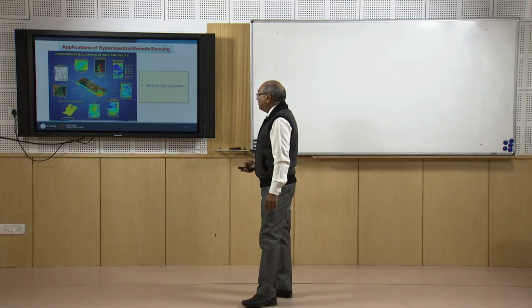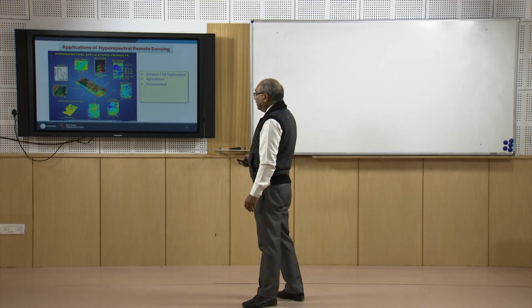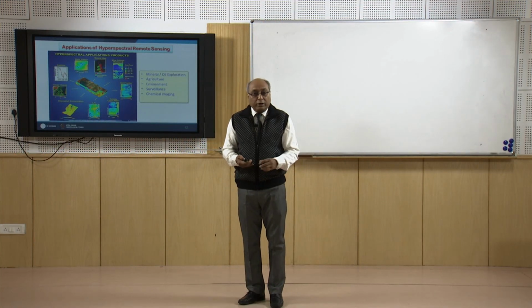So, a lot of applications are there: mineral and oil exploration, overall agriculture, environment, water vapor and other things, surveillance also, and chemical imaging, especially for water bodies where some effluent or polluted water is coming.